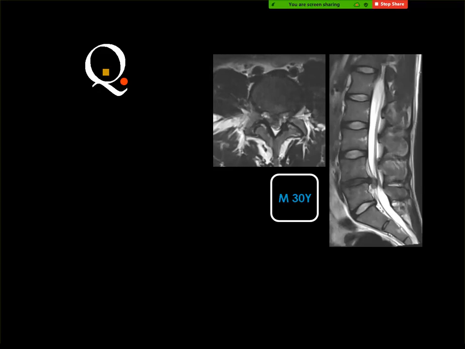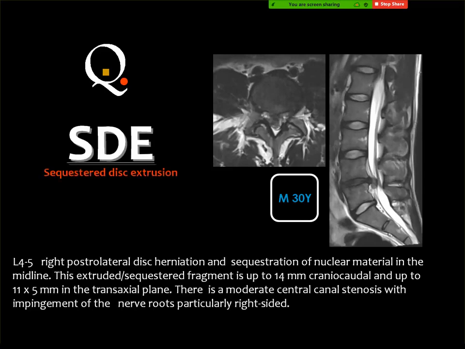Granulation or caudal migration? Post-operative. Okay, and this is a sequestrated disk. Actually, there are new suggestions that if you see an appearance like this, you should consider that this is also a disk fragment, not a granulation tissue.